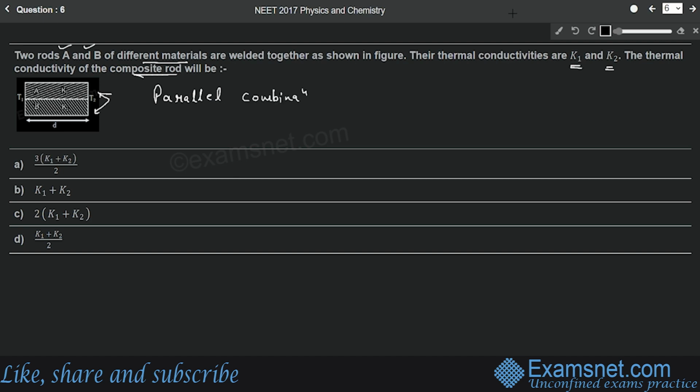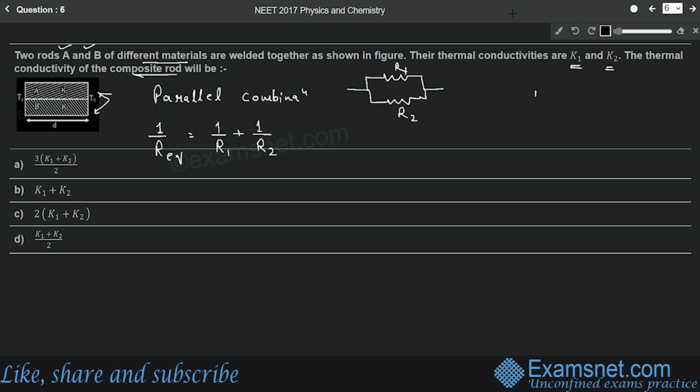Now we can relate this situation with the parallel combination of resistances, right? This is how resistances are combined in parallel. So we know that in case of parallel combination, the reciprocal of equivalent resistance, that is 1 upon R equivalent, is the sum of reciprocals of individual resistances, 1 by R1 plus 1 by R2.